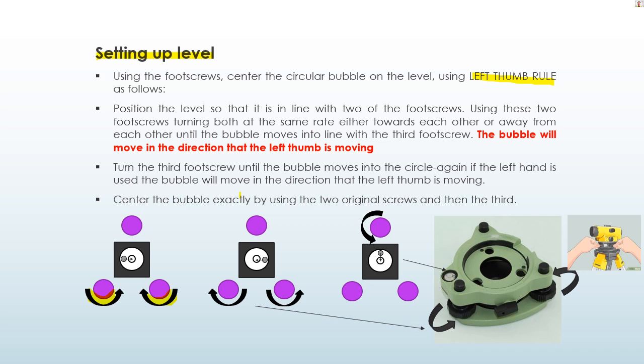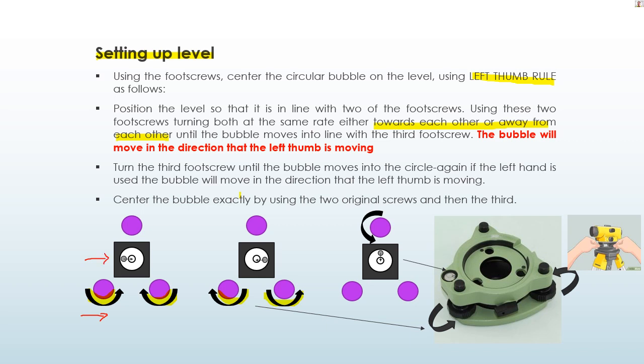So you need to turn the 2 foot screws only, either towards each other or away from each other. In any direction you can turn the 2 foot screws. But if you turn the 2 foot screws here and your left thumb is moving to the right, then the bubble is moving to the right as well.